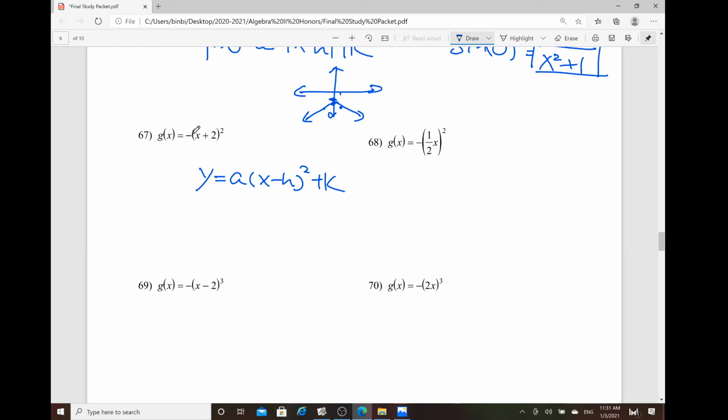Now let's look at number 68. It looks like we do have a horizontal compression because of the 1/2. But the 1/2 we can always simplify, so this can be written as negative 1/4 x squared. So take out that negative 1/4.